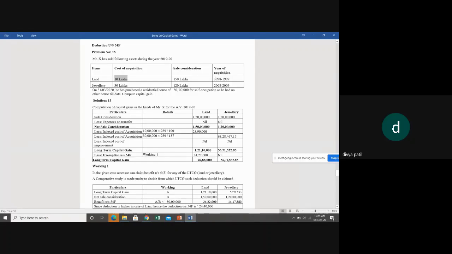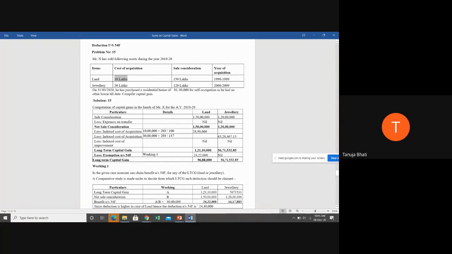You told that up to the year 2000, the year of acquisition is 1998. So listen, if the acquisition is before 2001, the cost of acquisition will be the actual cost of acquisition or fair market value as on 2001, whichever is higher. Now, here it is 10 lakhs.